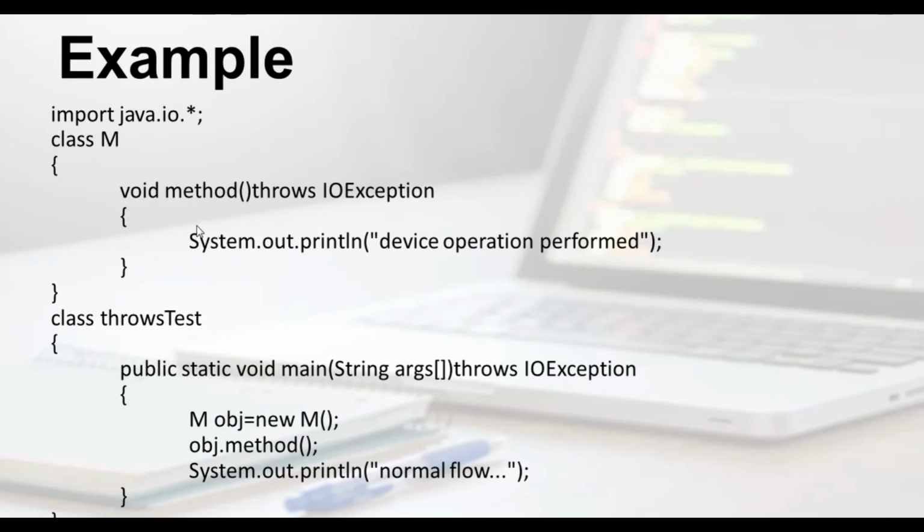This statement is going to print "device operation performed" on the output screen, and the second statement will be printed as normal flow. Suppose an error is not generated here, then the throws keyword is used with IOException to handle abnormal conditions and maintain the normal flow of the program using exception handling and the throws keyword.